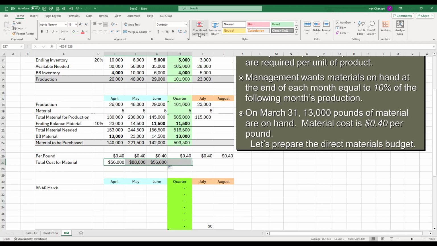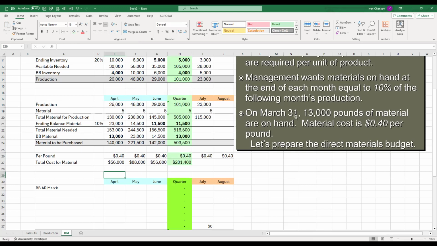So for the first quarter, let's go back one. For the first quarter, I need to pay $201,400. For this, we don't have the information. So that's where we are here for our quarter.